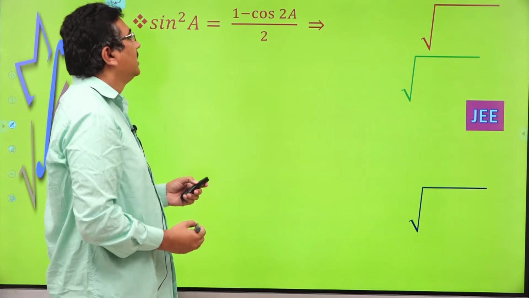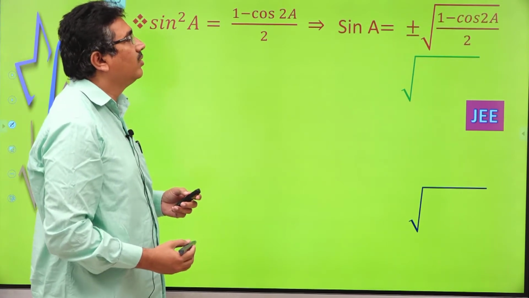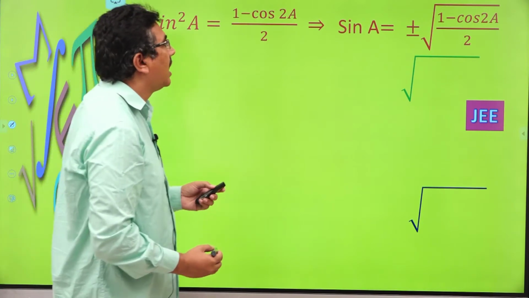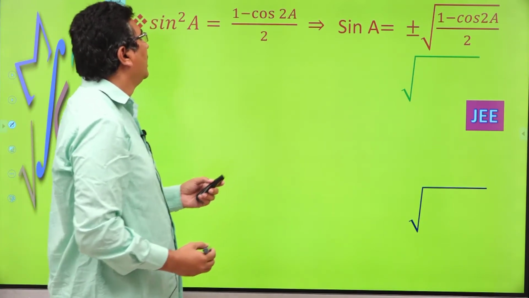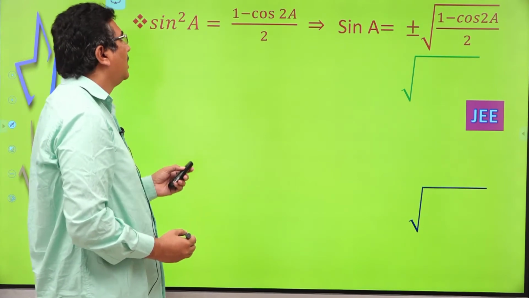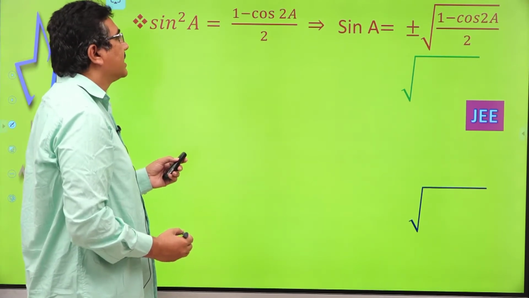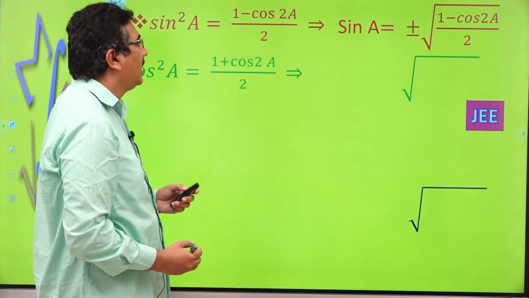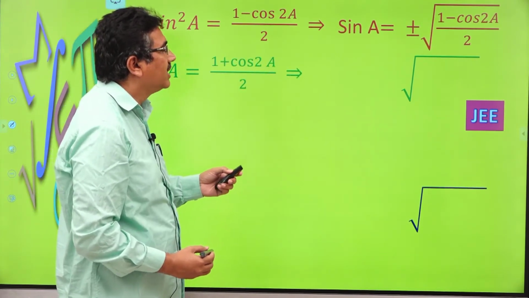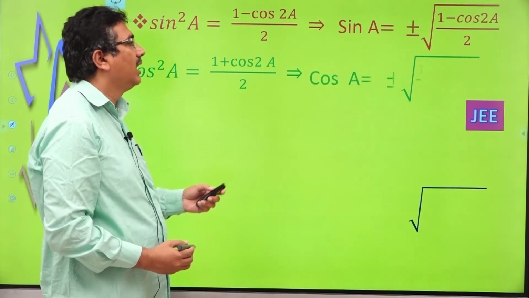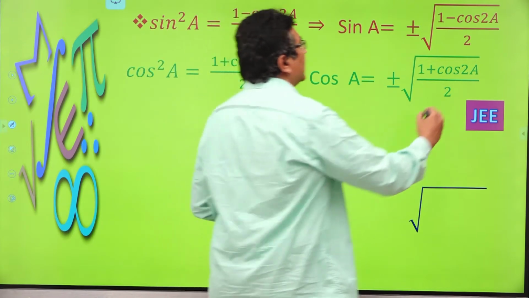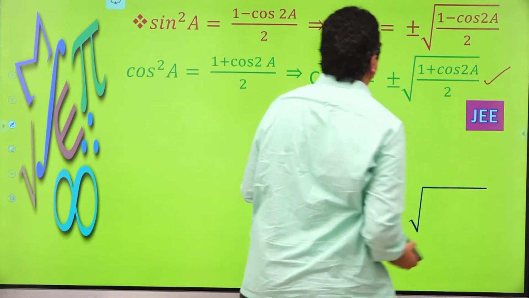That implies sin A is equal to plus or minus square root of (1 minus cos 2A) by 2. Okay, similarly from the cos 2A formula we define cos square A, that is equal to (1 plus cos 2A) by 2, implies cos A is equal to plus or minus square root of (1 plus cos 2A) by 2.